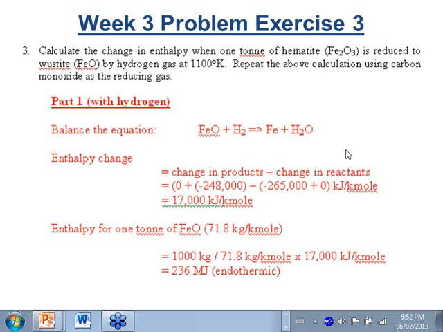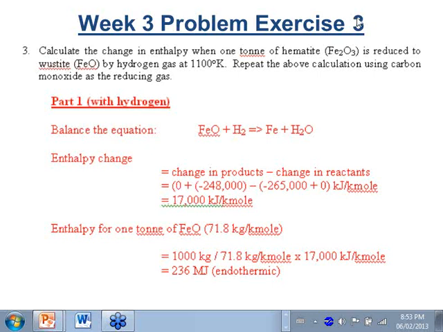And you can see here that you apply the table that we talked about on page 32. That is the enthalpies of formation at temperature T. And essentially you do the enthalpies of the products minus the enthalpies of the reactants. So for FeO and H2, because H2 is a pure element, its enthalpy will be 0.